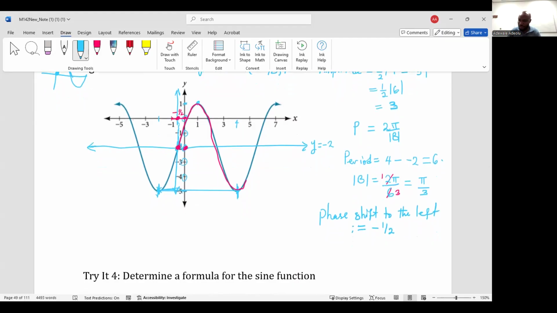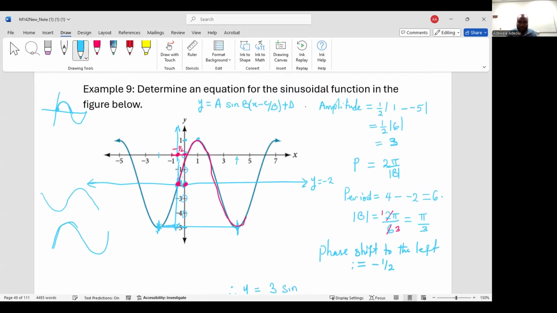So now, do we have everything? Seems so. Let us bring everything together now. Therefore, y equals, and remember, my amplitude is going to be positive because I am moving this way. That is the way sine should move. If I had considered something like this, then my A would be negative because there's a reflection.